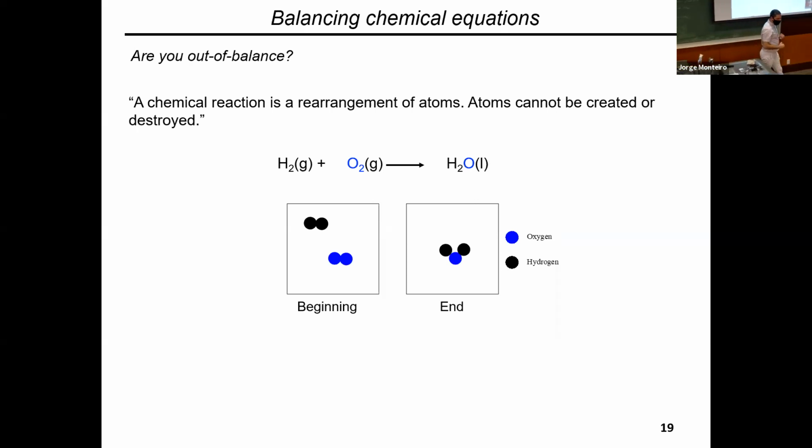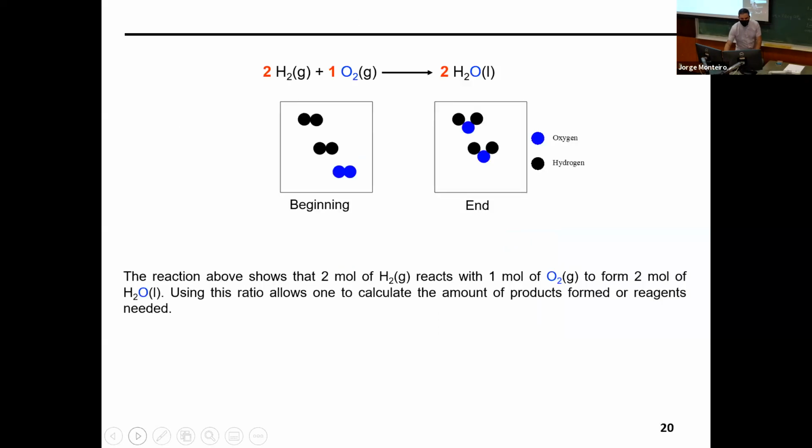Okay, so at this stage, balancing reactions is a trial and error method. You attribute coefficients and check. If they are matching, good. If not, you try other numbers. Okay, so after balancing the reaction, what we are going to see is something like this.